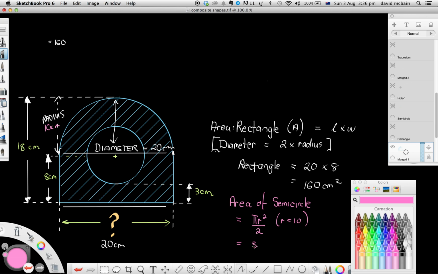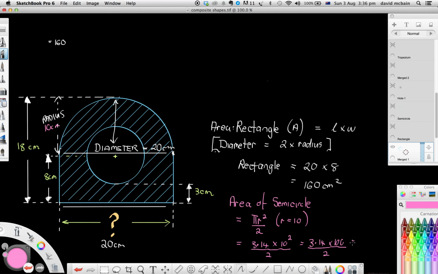So let's go ahead and work out the area. It's going to be 3.14, which is the value for pi, times r squared, 10 squared, divided by 2. And that will equal 3.14 times 100 divided by 2. And therefore, that will be 314 divided by 2, which will be 157.